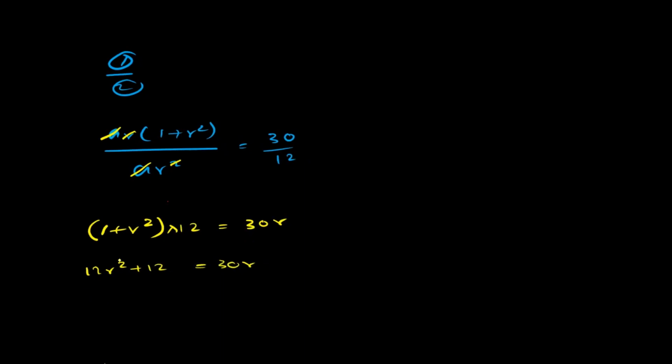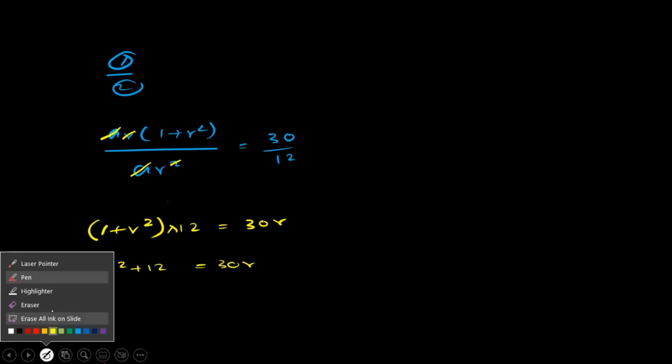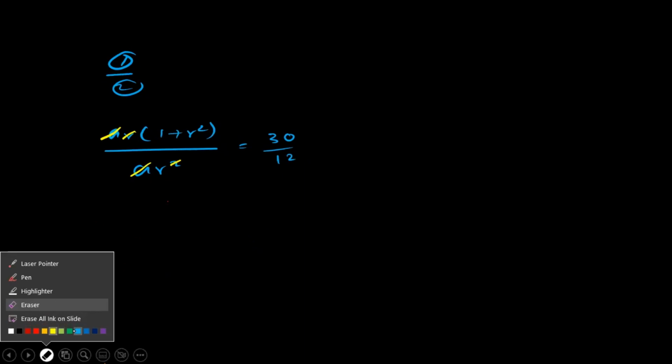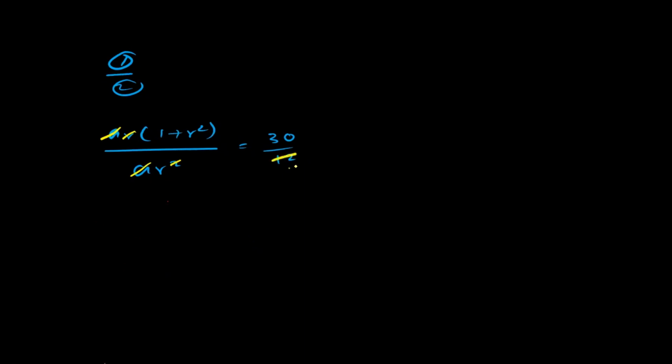Before I do that, guys, I can simplify 12 and 30, no? If you can simplify, then simplify it and keep it in the simplest form. 12 divided by 3 equals 4, 30 divided by 3 equals 10. Again, you can divide by 2 also: 4 divided by 2 equals 2, 10 divided by 2 equals 5.